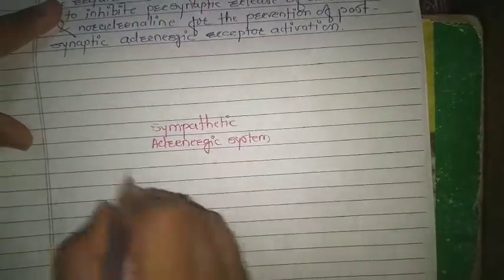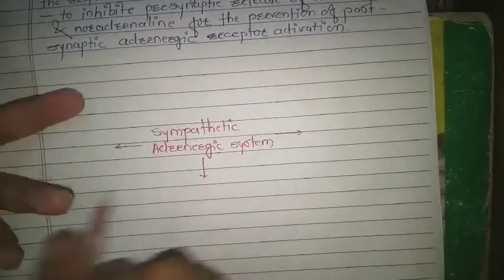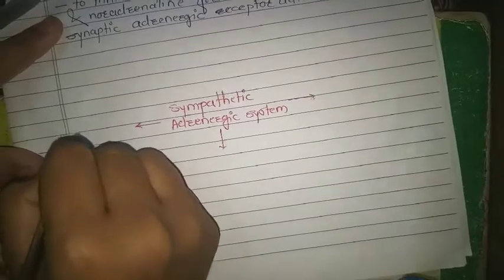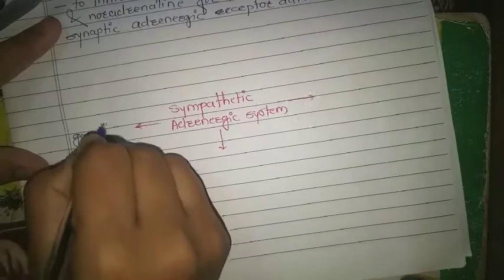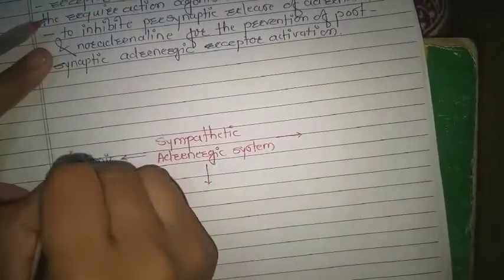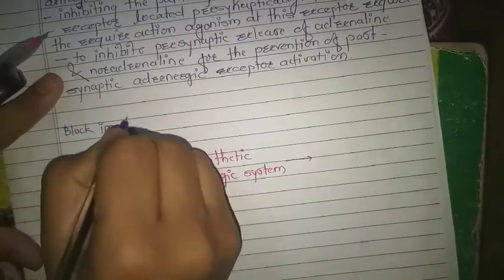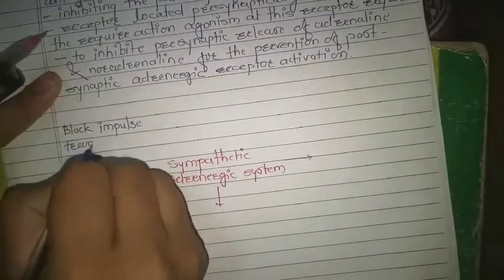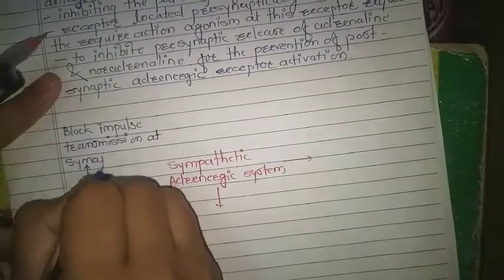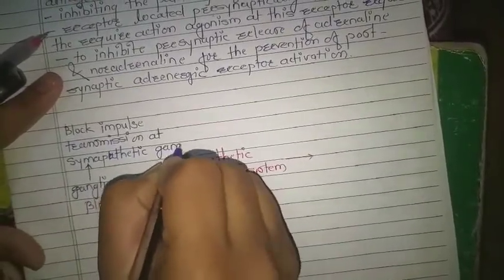First, it acts on ganglionic blockers and blocks impulse transmission at the sympathetic ganglia.